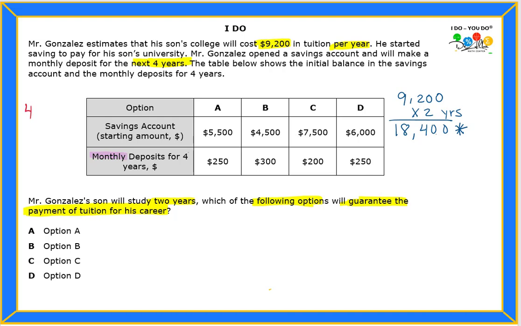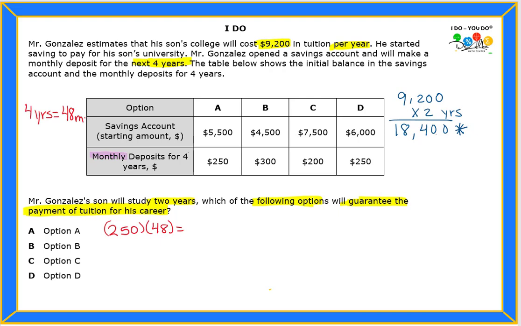So 4 years equals how many months? Well, every year has 12 months, right? So 12 times 4 is 48 months. Very good. Okay, so what we're gonna do is multiply the monthly payment, which is 250, times 48, because that's how many months are in 4 years, right?